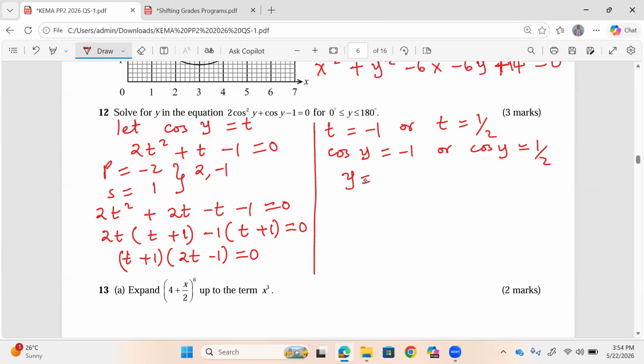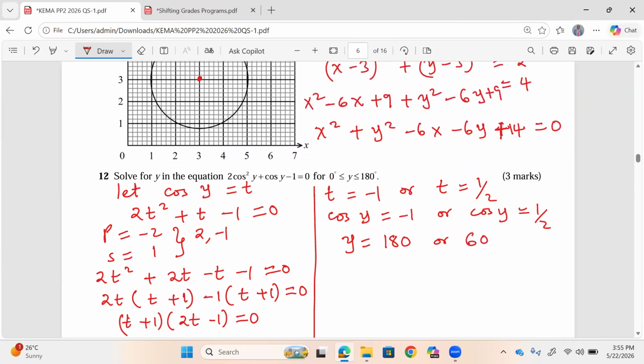If this is so, then y is shift cosine of negative 1, whereby we get exactly 180, or shift cosine of half, where we get exactly 60. Now, with 60, which is an acute angle, if we get the other value of y, where are cosines positive?